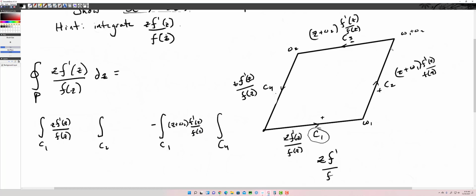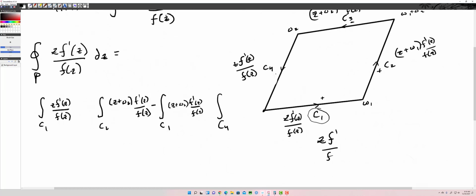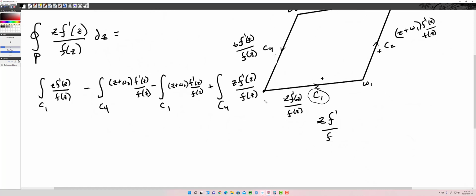For C2, I'm integrating z plus omega 2 f prime over f. And I'm going to call this negative 4, the opposite of C4. And then I'm integrating along C4 z f prime of z over f of z.